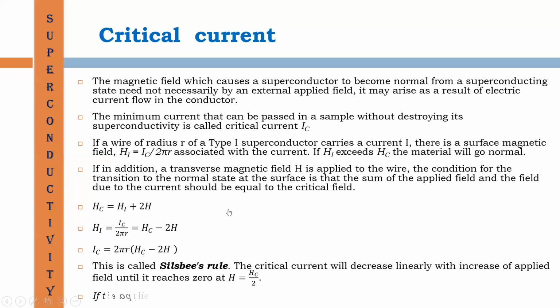Then if the applied field is 0, IC must be equal to 2 pi r into HC. This is an important equation. Problems may be asked related to that. In the previous question paper, some question was asked related to this equation, only direct substitution. Then the critical current IC is equal to 2 pi r into HC.